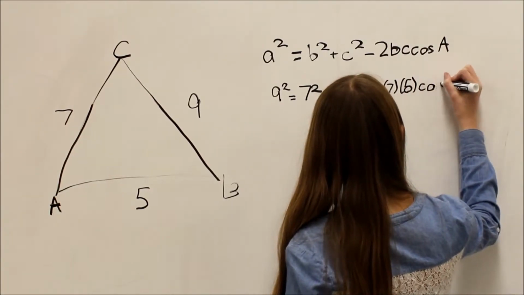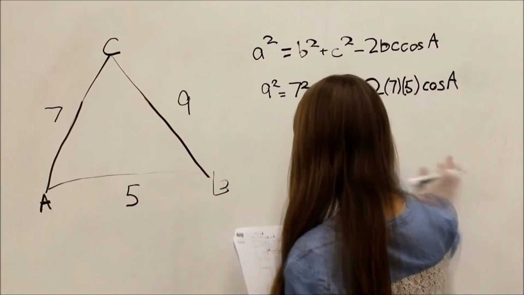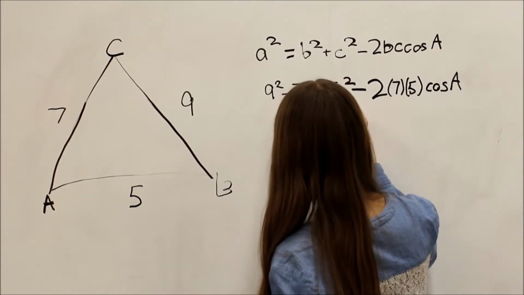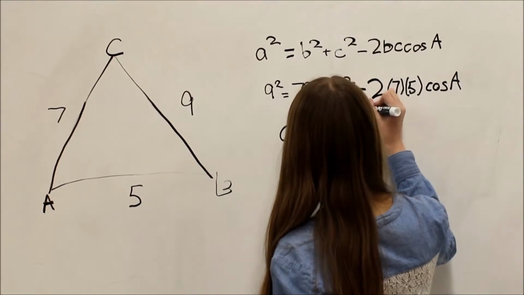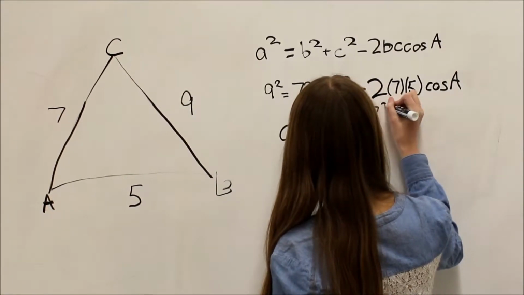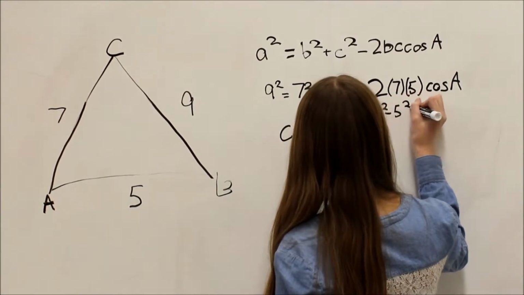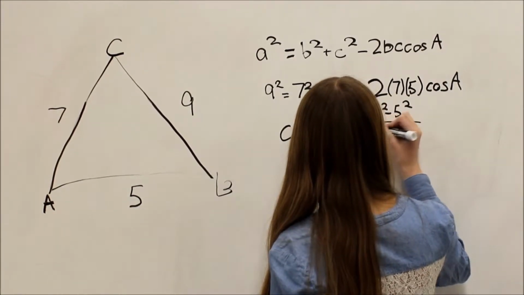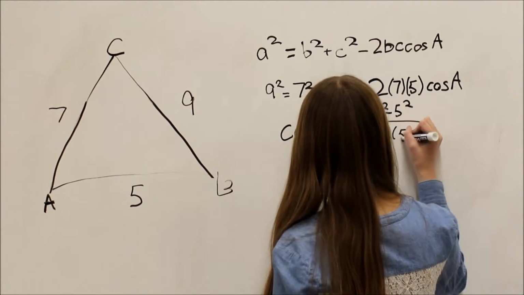times cosine of A. So solve for cosine of A, so you would get that equals 9 squared minus 7 squared minus 5 squared divided by negative 2 times 7 times 5.